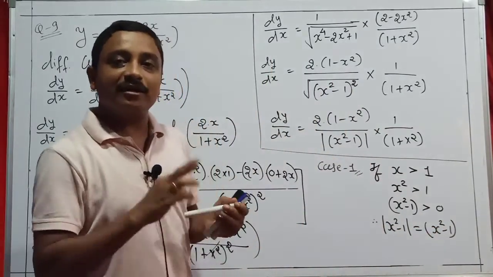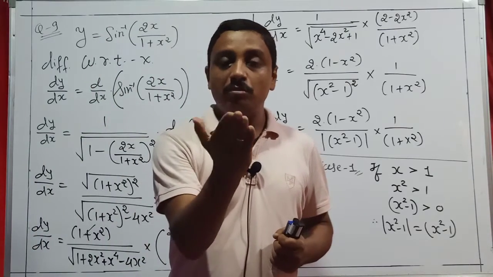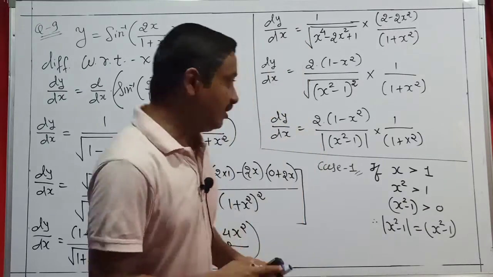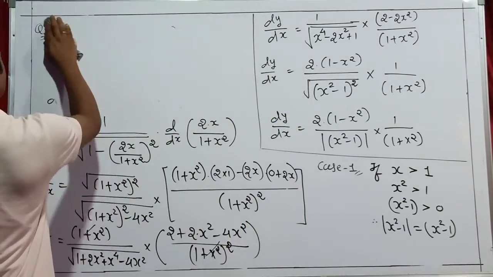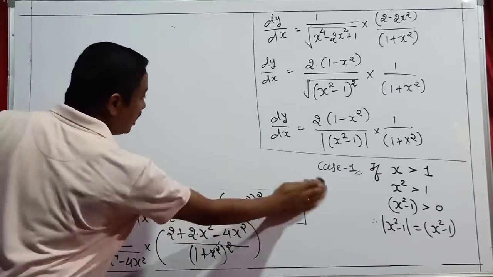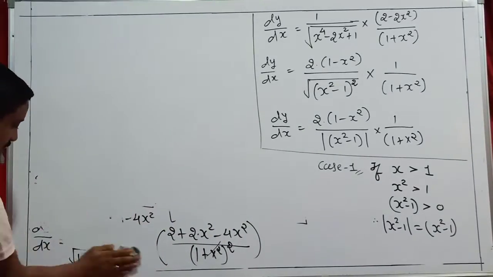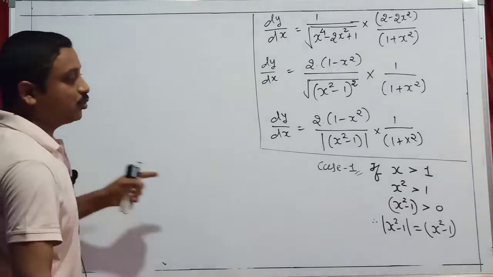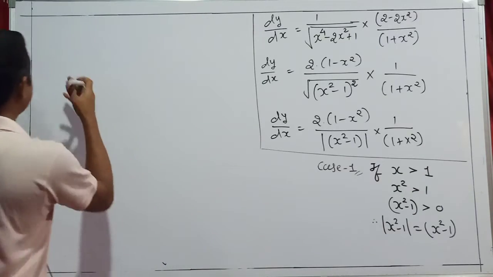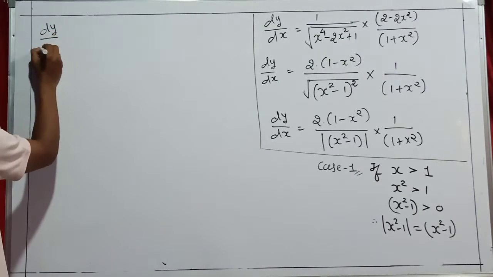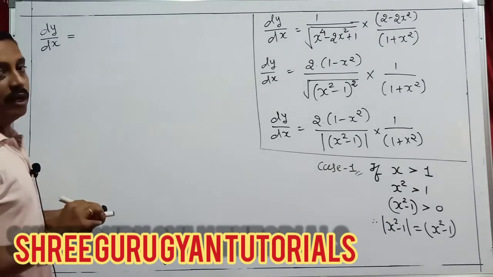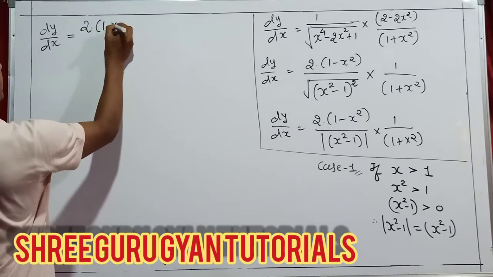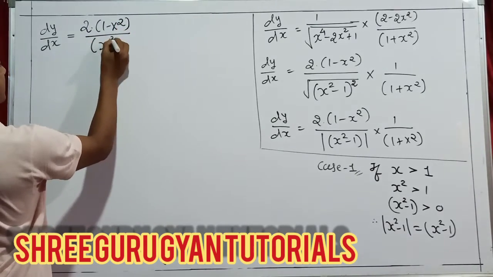You know why I create 3 answers here? Because the modulus may have a negative value inside, or a positive value inside, but both answers are positive. So I create 2 and 1 of the 0. It means 3 cases are available. So in the first answer, in the positive case, case 1, dy by dx is 2, 1 minus x square upon x square minus 1.